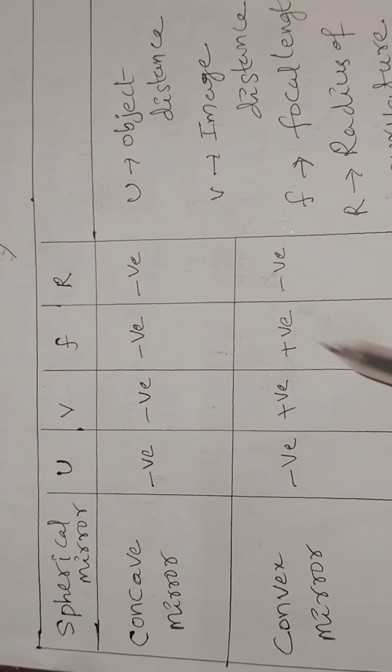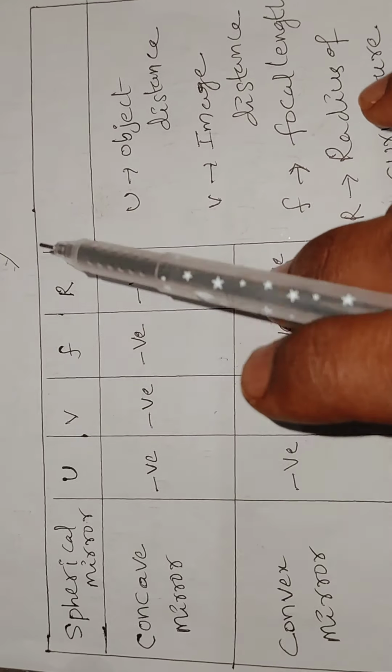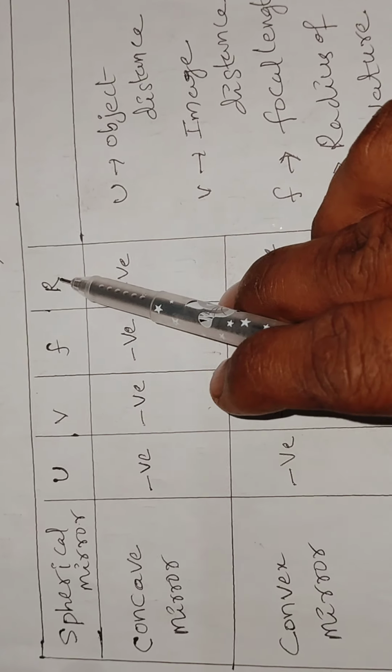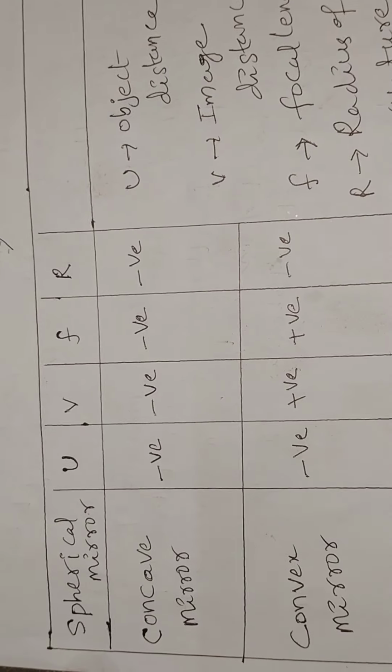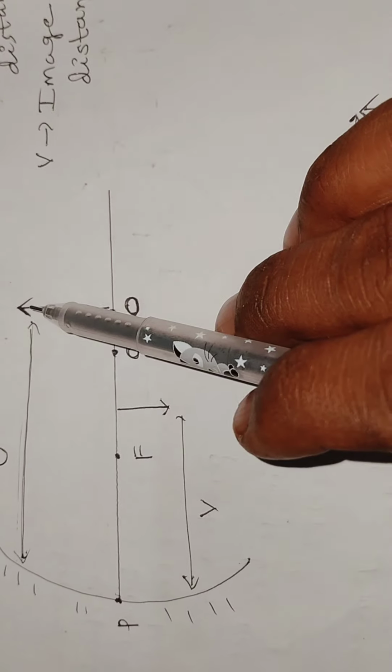Now the signs of object distance, image distance, focal length, and radius of curvature with respect to spherical mirrors. In case of a concave mirror, object distance, image distance, focal length, and radius of curvature are all taken as negative, because they are measured opposite to the direction of the incident ray.